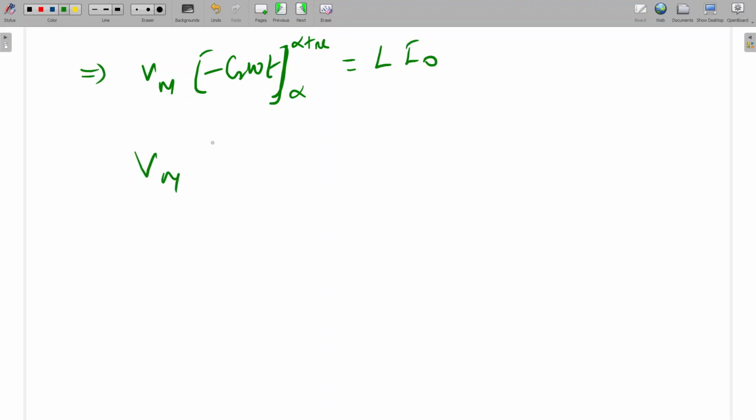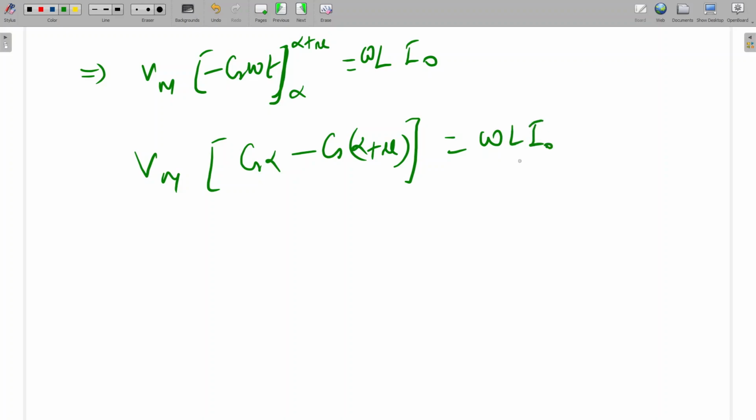So it will be Vm, here cos alpha minus cos alpha plus mu, is equal to omega L I naught. Is it clear up to now? Can anyone reply?